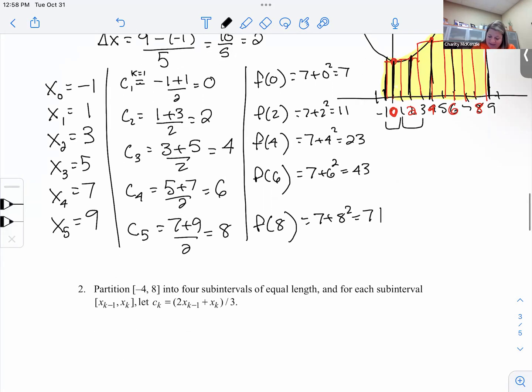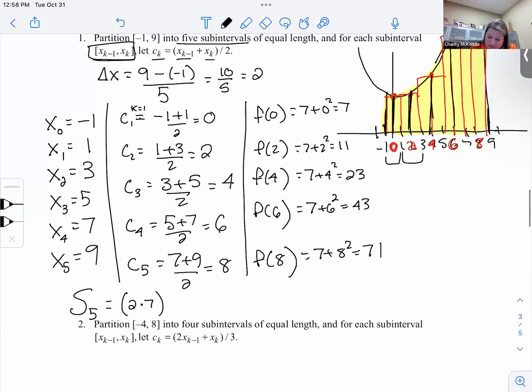So then I can form, we do a big S for Riemann sum of the rectangles. And we have 5 rectangles because we broke it into 5 pieces. And our first rectangle will then be our 2 and our 7. So 2 times 7 is the area of our first rectangle. So we're always using the 2 here, right?